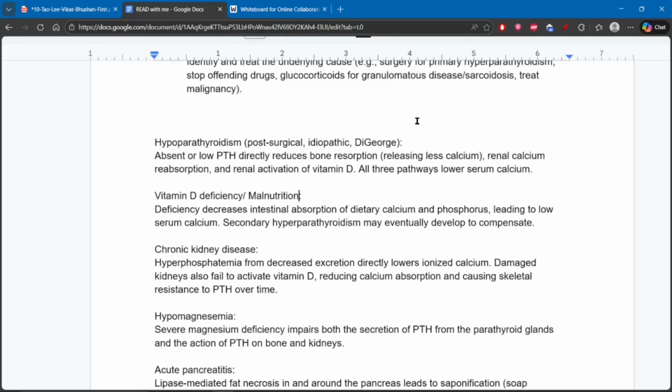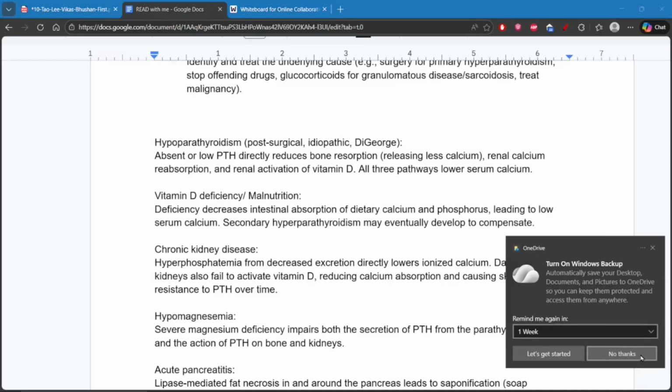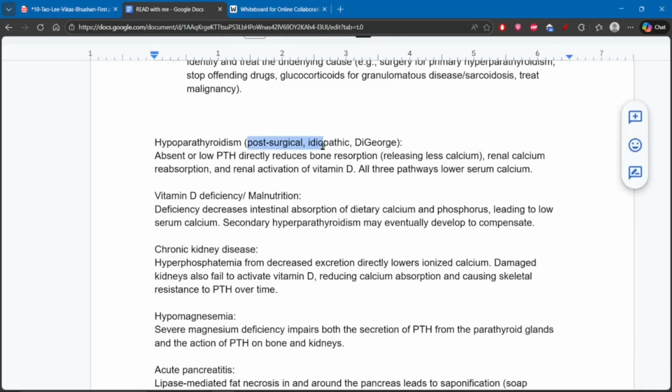If you're doing thyroid surgery or thyroidectomy, the parathyroid glands are small glands in the corners of the thyroid gland. Normally, we try not to excise the parathyroid glands, but they do get excised in some cases. So, hypoparathyroidism after thyroidectomy is very common, and you have to keep that in mind.